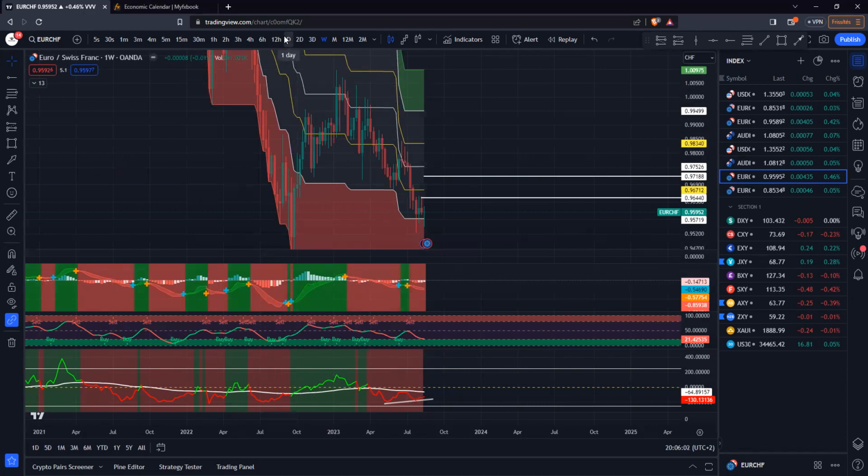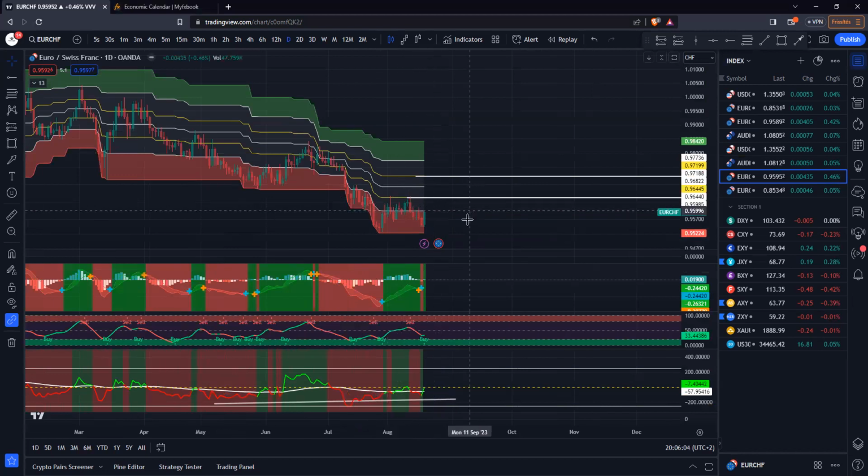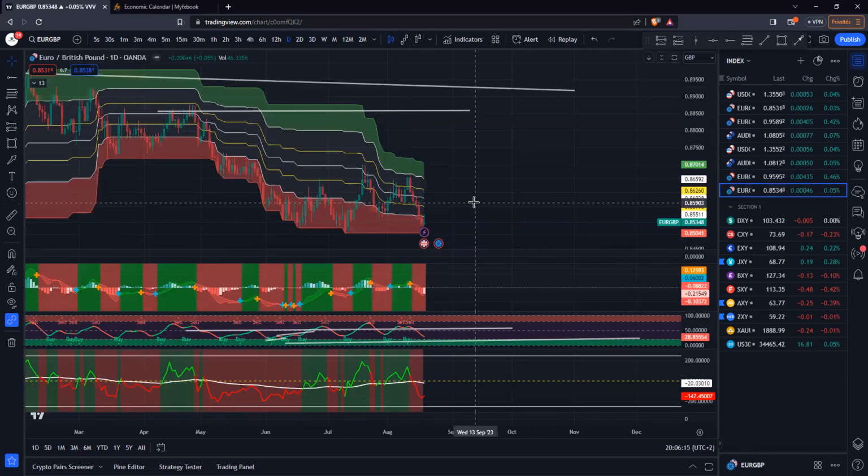So that's what I'm counting on, and this is also a beautiful engulfing pattern right there. So I'm expecting CHF weakness for next week.